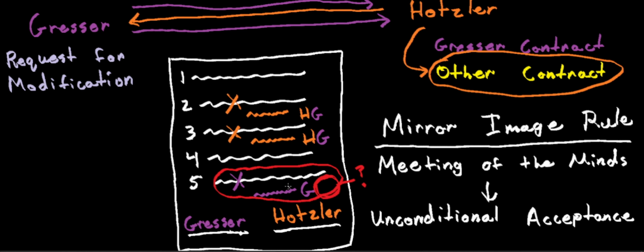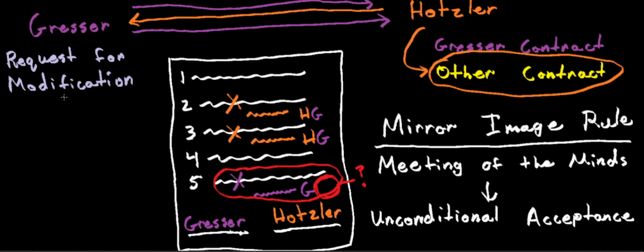And Gresser argued that, again, the final change that he made was just about the date of execution. But Gresser asserted that he would have accepted Hotzler's proposal even absent this final change, and that all this was just a request to change an immaterial term just to make the transaction go more smoothly.